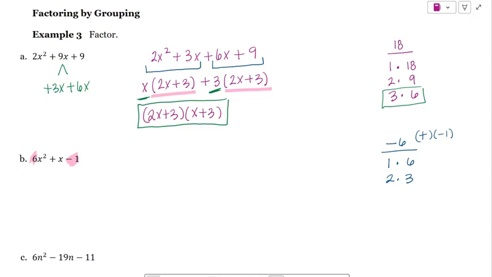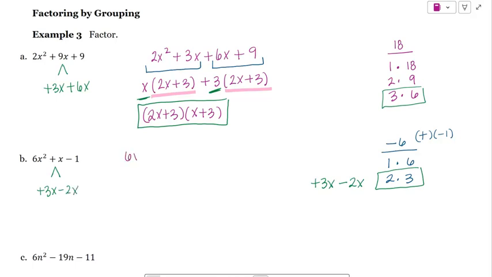I want my two terms to combine to give me the middle, which in this case is a plus 1. So I think I want to select this option. I want to have a plus 3x, and I want to have a minus 2x. That'll give me plus 1x overall. So we split the middle term into plus 3x minus 2x.